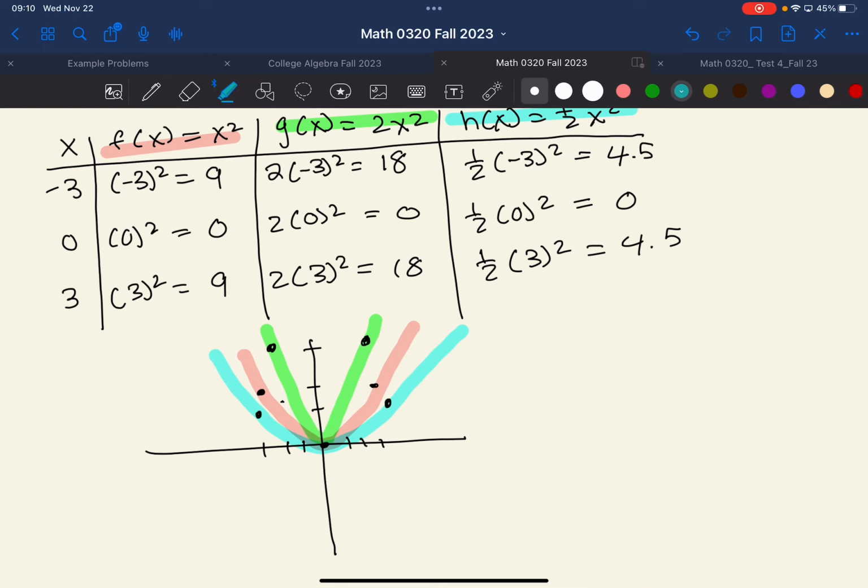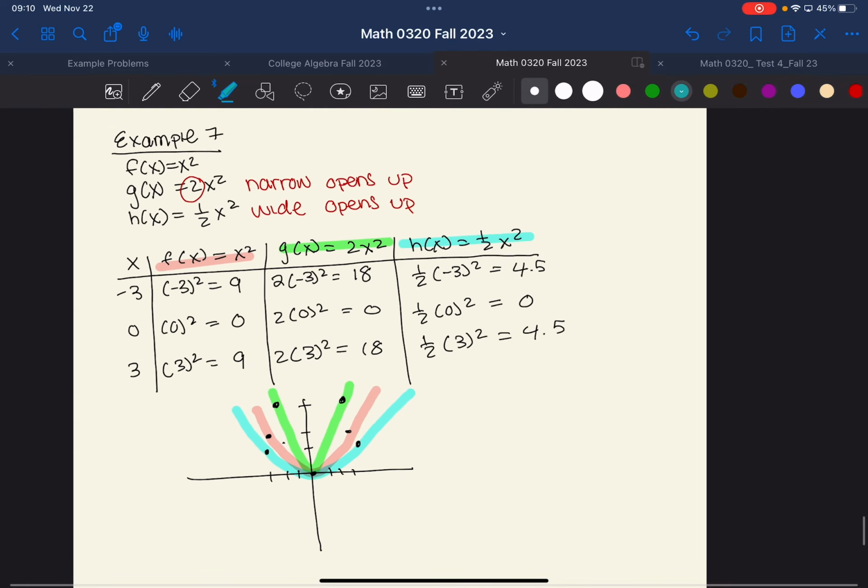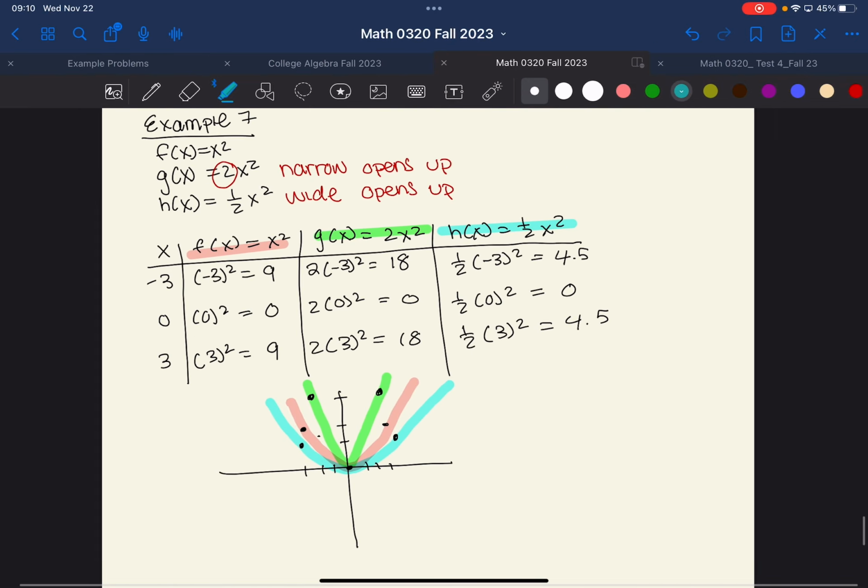So if the graph I have in pink is my parent function, looking at the graph in green, notice how it went narrow, skinnier, and then the graph that I have in blue is wider. Okay, so that correlates to what we said is going to happen before we even started our table. Okay, because we said g of x is going to be narrow and h of x is going to be wide.